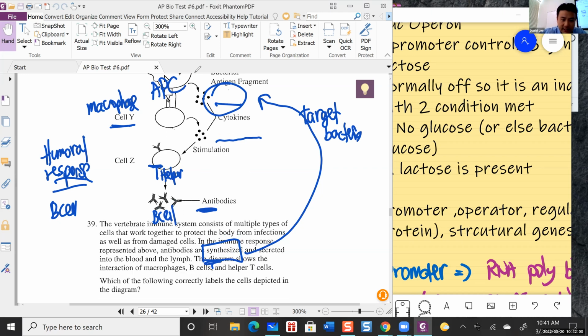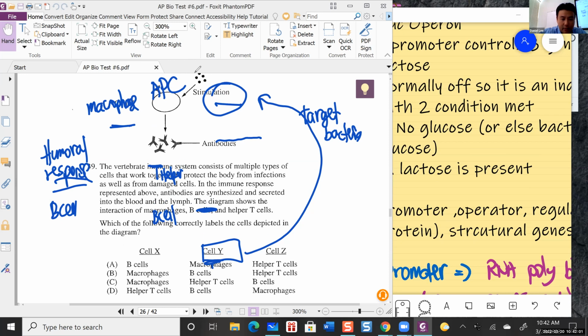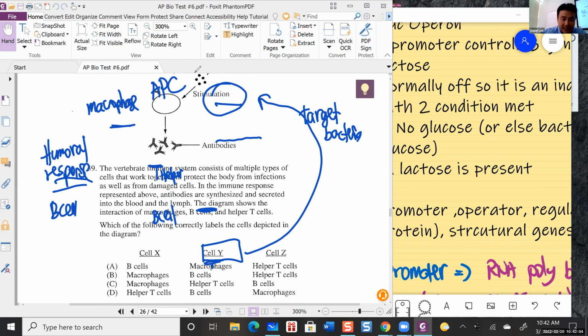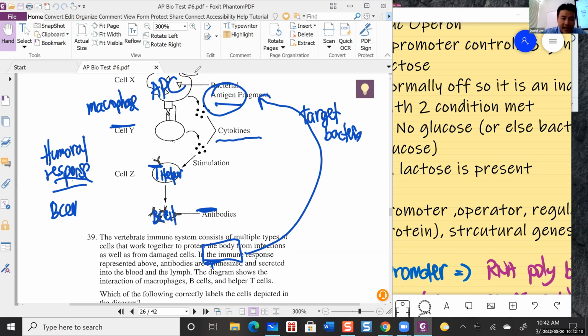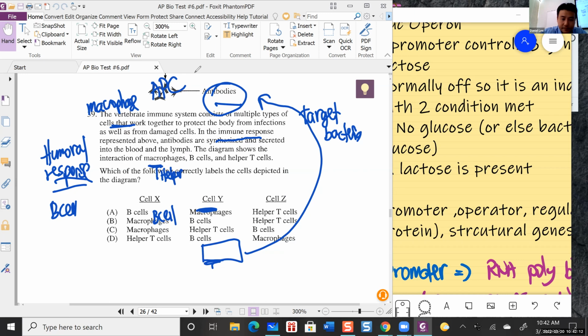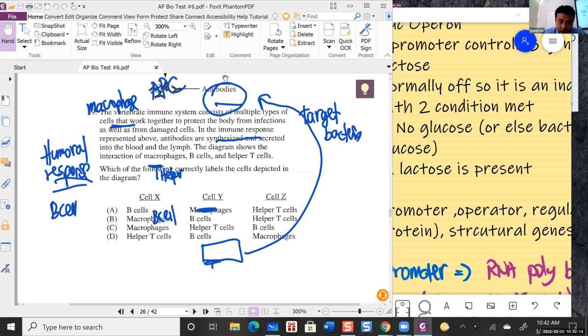So the question is, for the vertebrate immune system, they want to identify what cell X, Y, Z is. We already did. We said X is the antigen presenting cell, Y is a helper, and Z is a B cell. So the only choice is C, yeah? Okay, that's it.